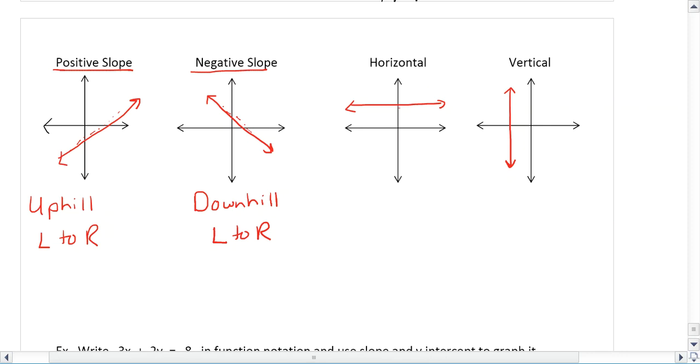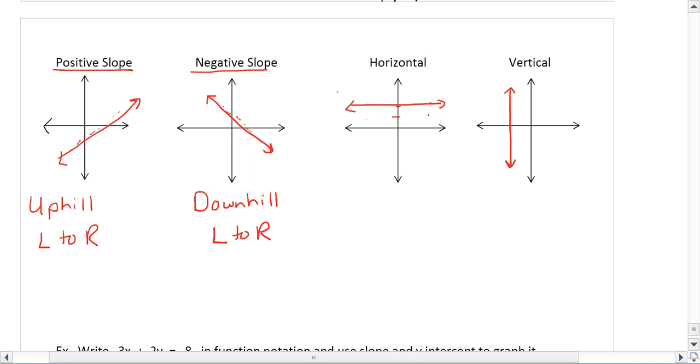A horizontal line, like for instance, if we are 2 units up here, y can only be a positive 2. X could be over here at 50, but we're up 2. X could be over here at negative 25, we're up 2.